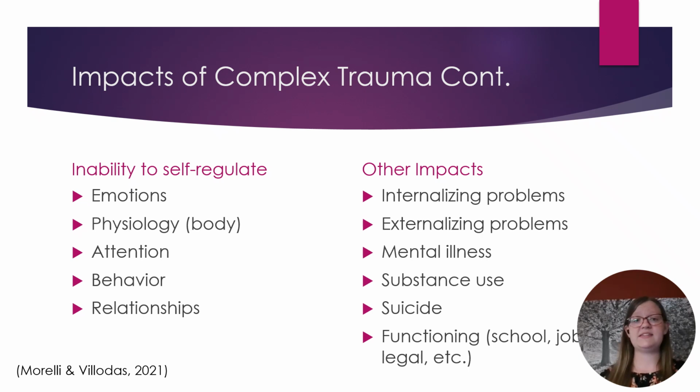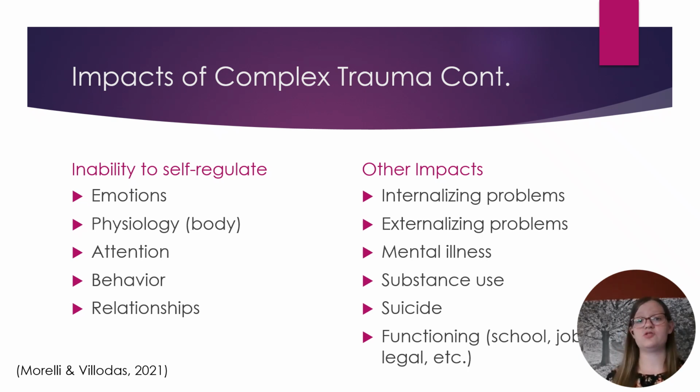Aside from this pervasive inability to self-regulate, some other impacts of complex trauma include that it can contribute towards internalizing problems. And so those are bad ways of responding to stress that are internal, so things like anxiety or depression. In contrast, it can also contribute to externalizing problems, so think of behavior problems or when people act out when they're stressed.